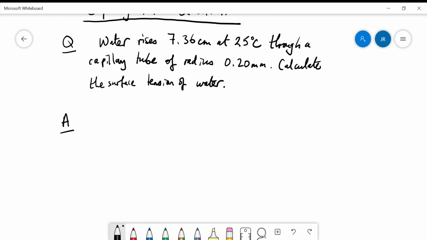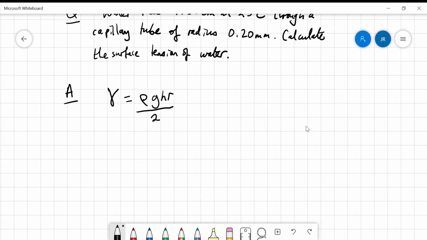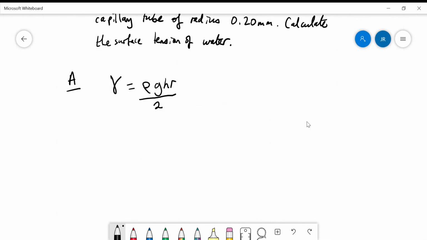Okay, so we're going to use our equation. Surface tension is rho g h r over the number 2. Now let's plug in some numbers. Do a little dimensional analysis here.